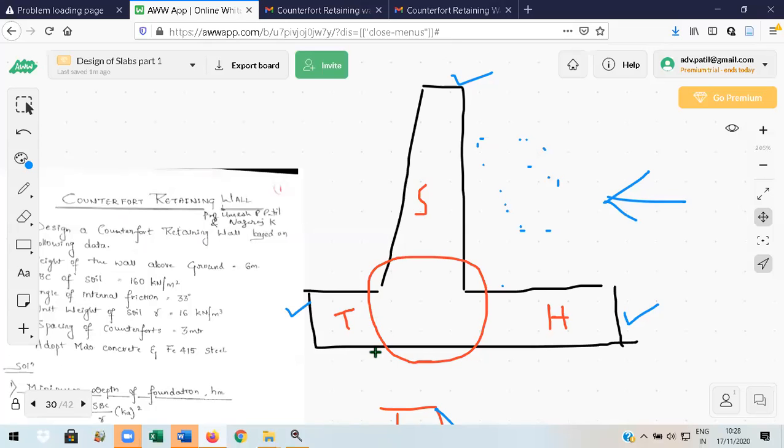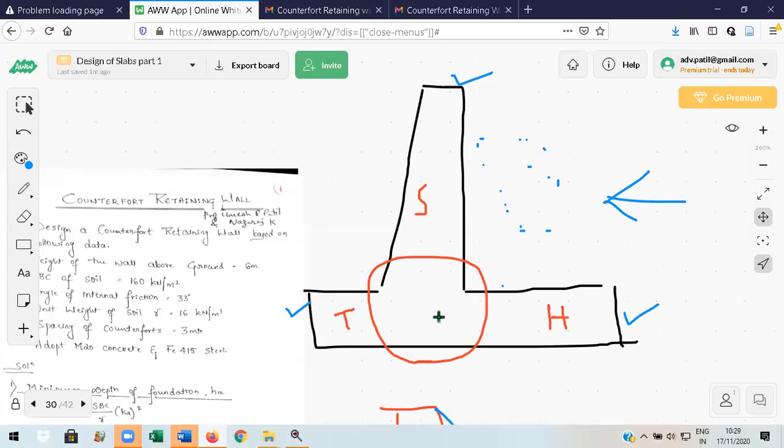Now for that, you should understand how the bending is taking place in these three components, how it actually bends. Once you know that these are all cantilevers, the formula is WL square by 2. But how to find the WL square by 2 if it is UDL, or whether trapezoidal UDL is there or what?